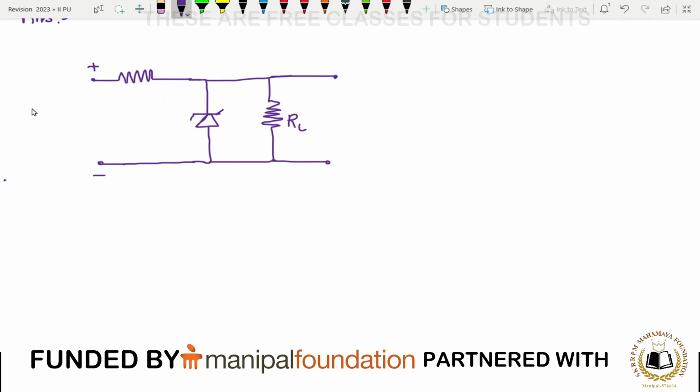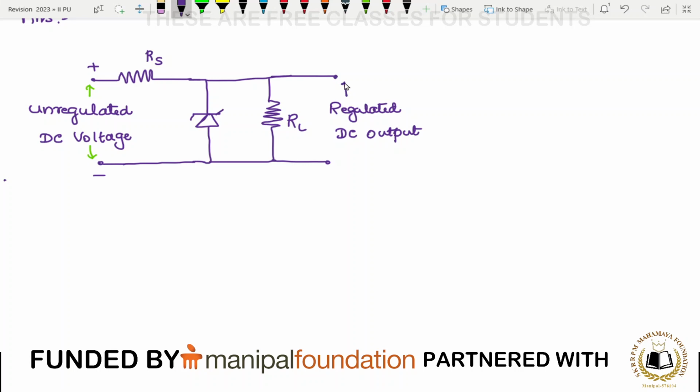So this is the unregulated DC voltage. And this is RS here, Zener, RL, and here becomes the regulated DC output.